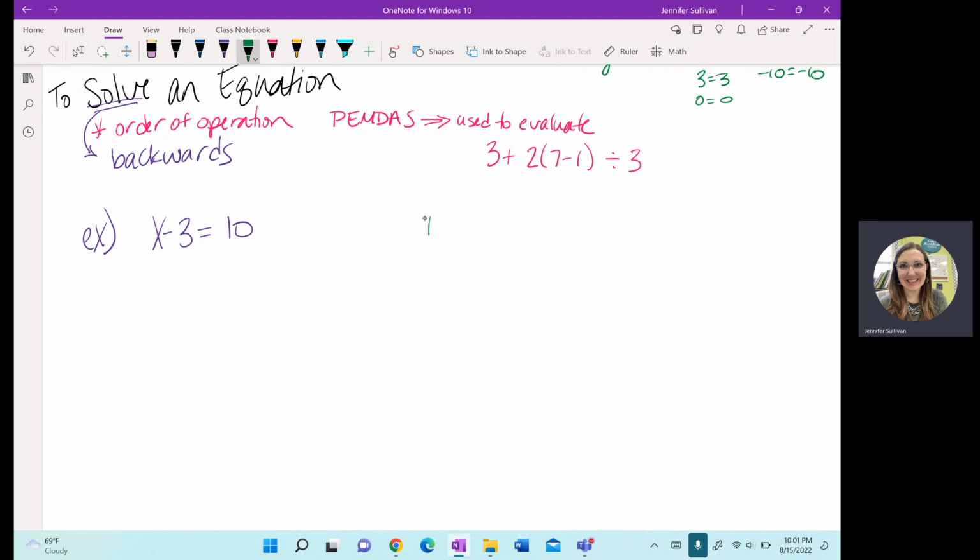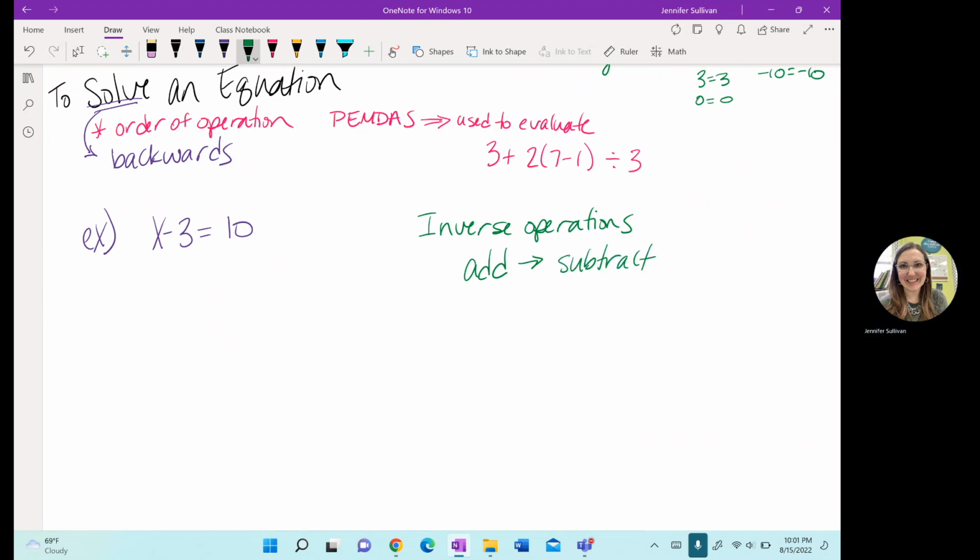So we have these things called inverse operations. And these are operations that undo each other. Okay, you already know what they are. So when I say, well, what is the opposite of add? You would tell me subtract. And if I said, what's the opposite of multiply? You would tell me divide.